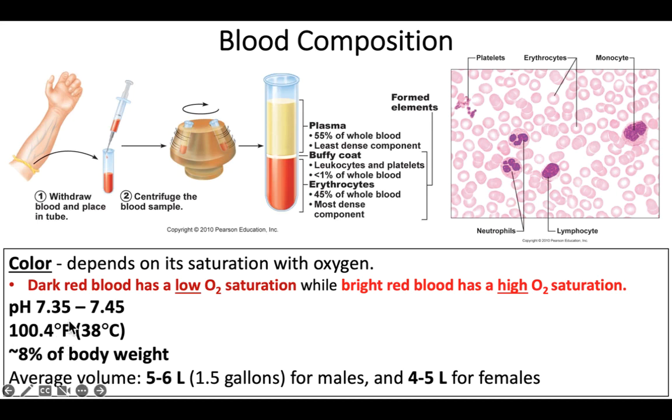The temperature. Notice the temperature is higher than what we would say normal body temperature is. Normal body temperature is 98.6 degrees Fahrenheit and 37 degrees Celsius. So blood is warm. One reason is blood is constantly helping to remove heat from your body.